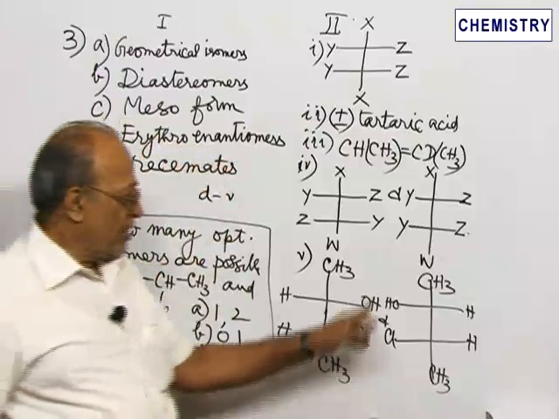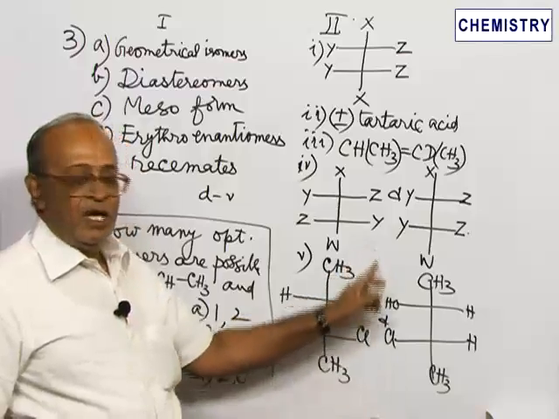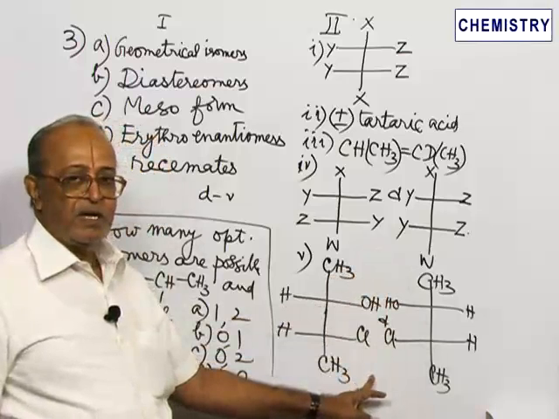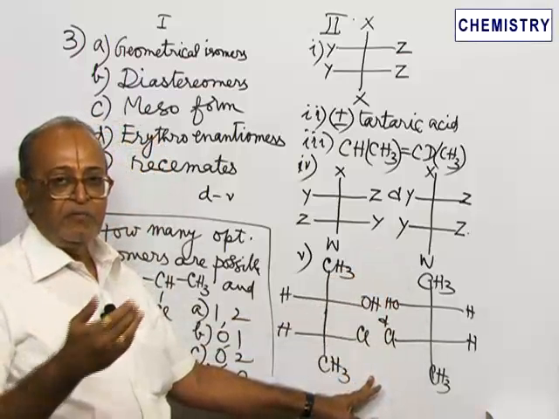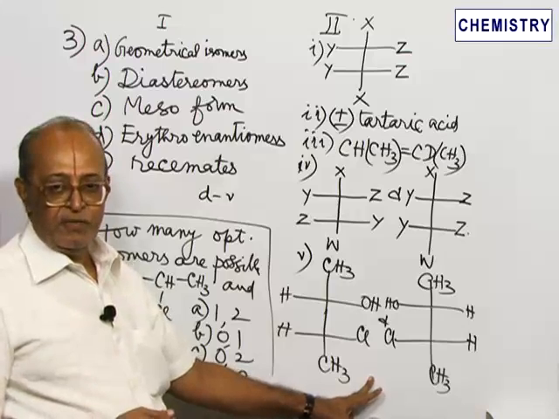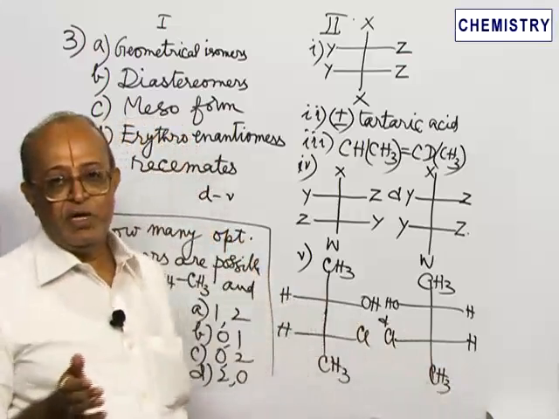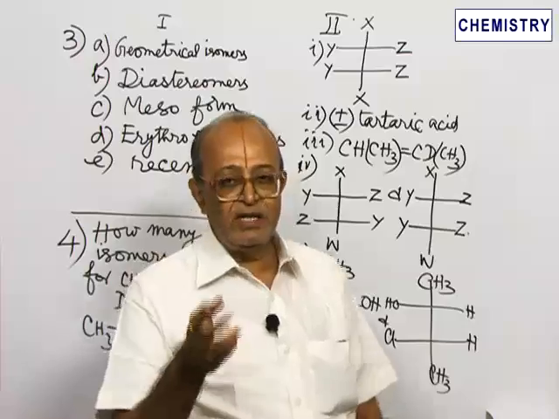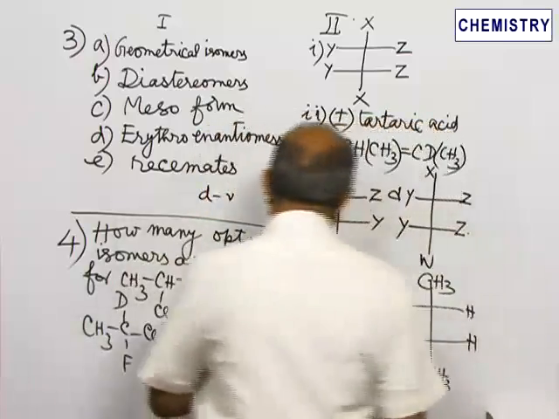Probably, since I have mentioned erythroenantiomers, you can notice, suppose I place a mirror between these two structures. It is obvious they bear the mirror image relationship. That is why these two are known as enantiomers. But what is meant by erythroenantiomers? For example, you look at this structure.